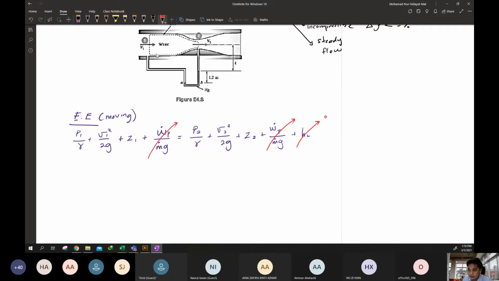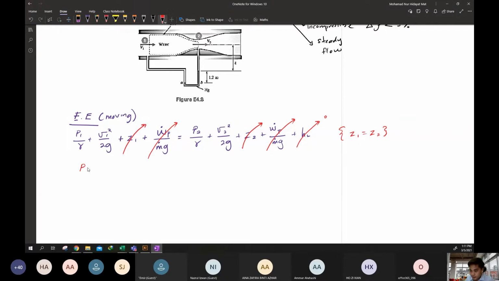Do you think the elevation at point 1 and 2 is the same? Yes, Z1 and Z2 are the same, the same level, so we can cancel them out. What do we have now? We have pressure 1 and pressure 2.